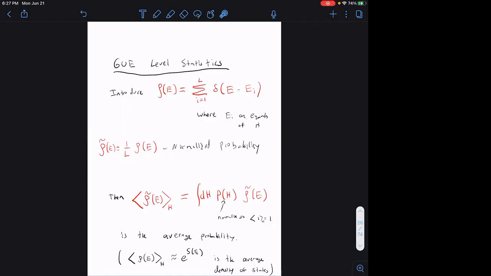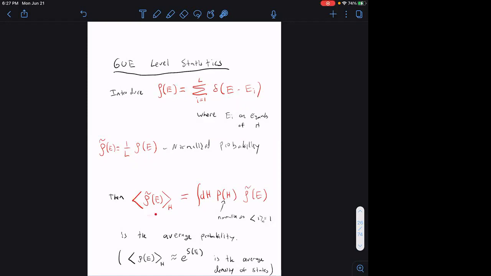So the thing we're going to do is define this density of states rho of E. It's a sum of delta functions at the locations of each eigenvalue E_i of a matrix H. And we often like to think about the normalized density where we divide by L. This is like a normalized probability of finding an energy at E. So the thing we're interested in is averaging these probabilities, rho tilde of E, over the ensemble of matrices H. Averaging over H means averaging over the energies in these delta functions.